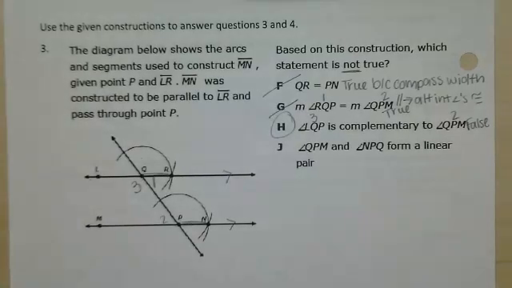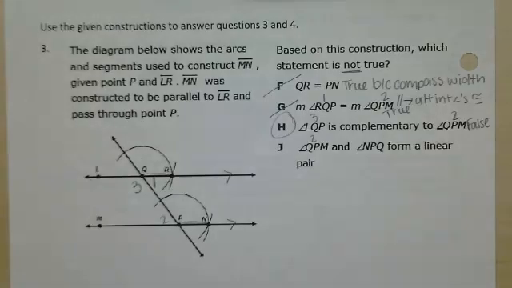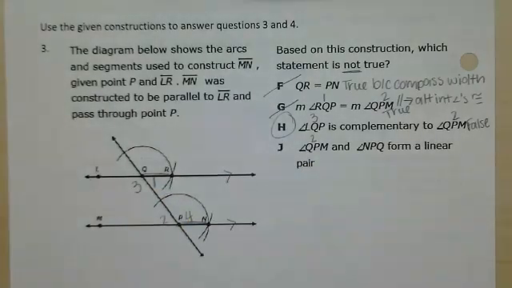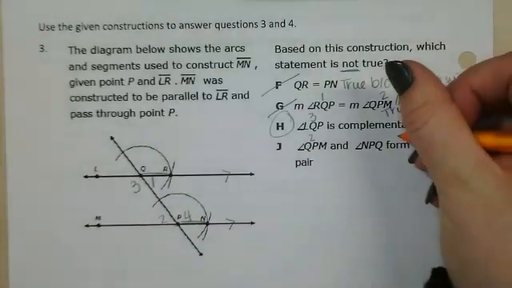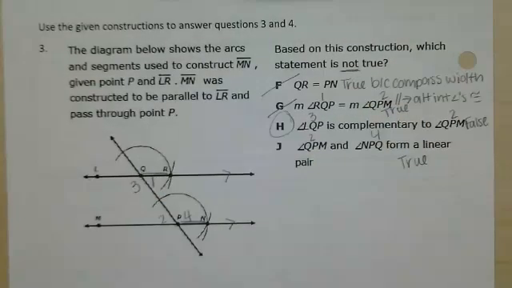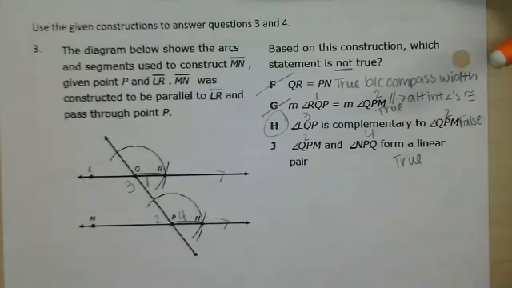Next one says angle QPM, which is the one that we named 2, and angle NPQ. That would be this one here, form a linear pair. Well, 2 and 4 do form a linear pair, right? So that one would have been true as well. Okay, we got one more question to look at. Complementary means that they add up to 90 degrees.